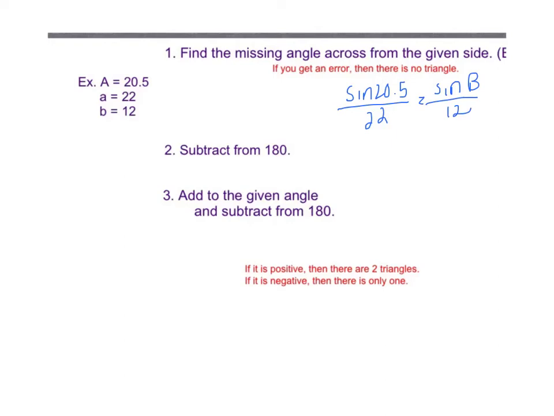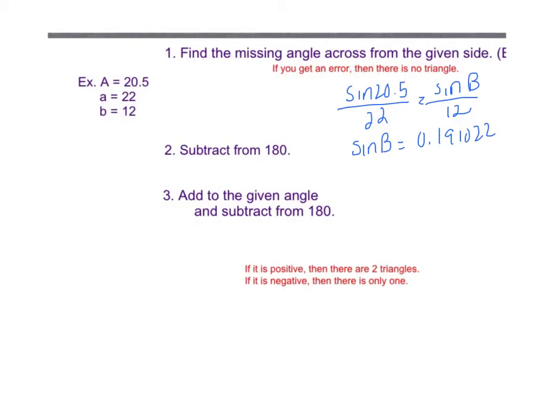Alright, so once again we're going to do 12 times the sine of 20.5. We're going to divide that by 22. And I hope you're trying it. And we'll get the sine of B is 0.191022, or something close to that. Is that between -1 and 1?